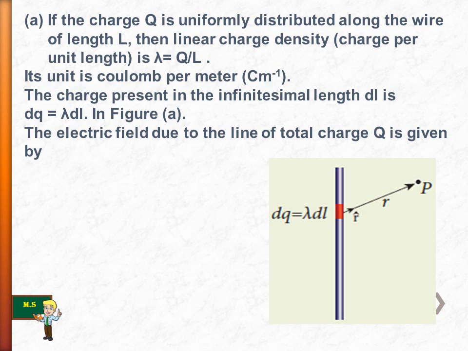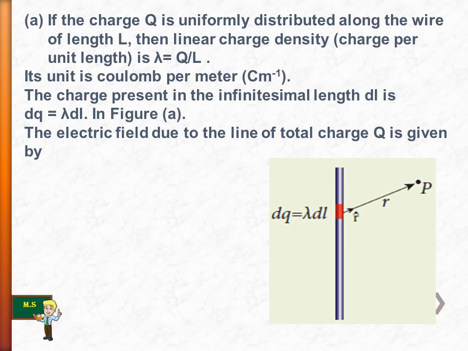Its unit is coulomb per meter, C m minus 1. The charge is present in the infinitesimal length dl. That's what I am explaining to you. This is the midpoint, and this is the point P. This r is the distance between the midpoint of dl and P.